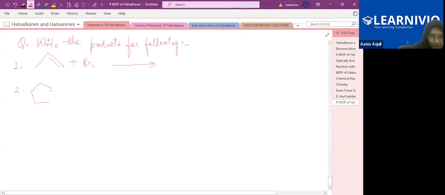Second, again you have to do the chlorination, halogenation reaction of this alkene.